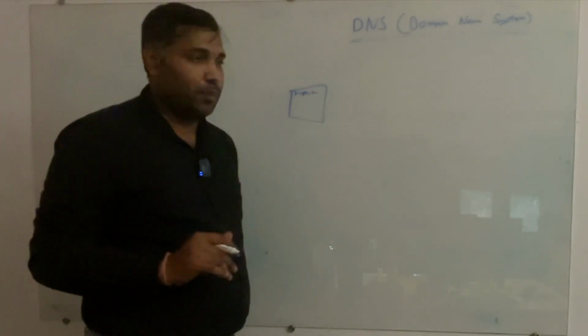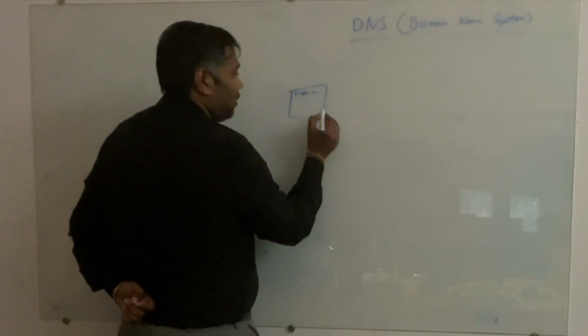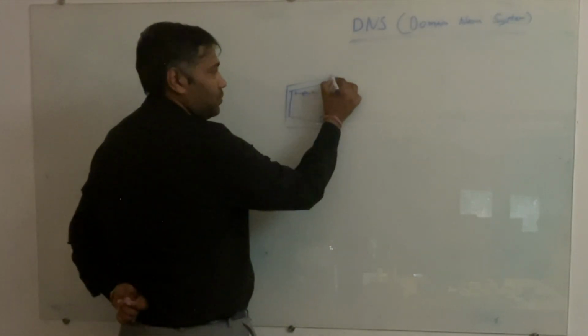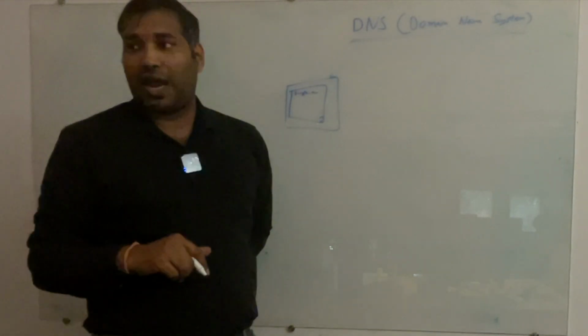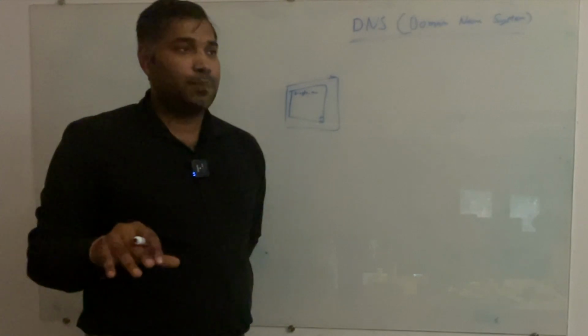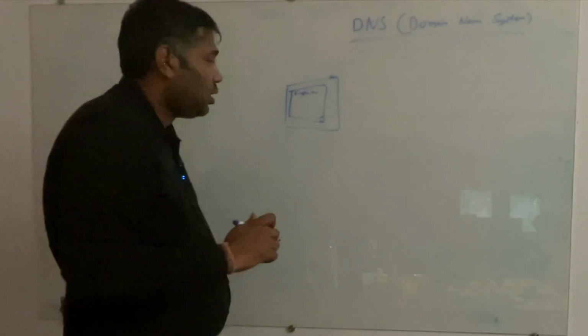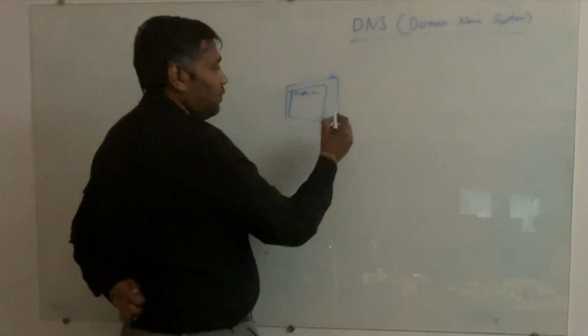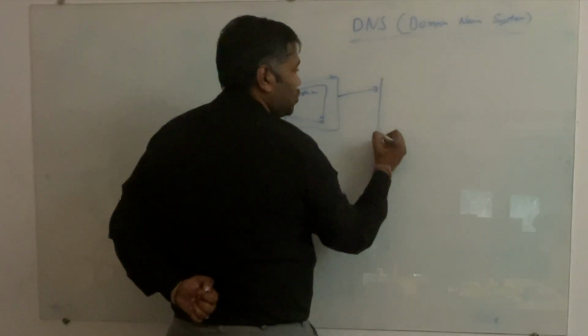If it does not, it will send the request to the kernel, the OS, your system. The system DNS cache will again check whether it has the IP of google.com. If yes, it will be sent back to the browser. If not, it will send the query to the DNS resolver.